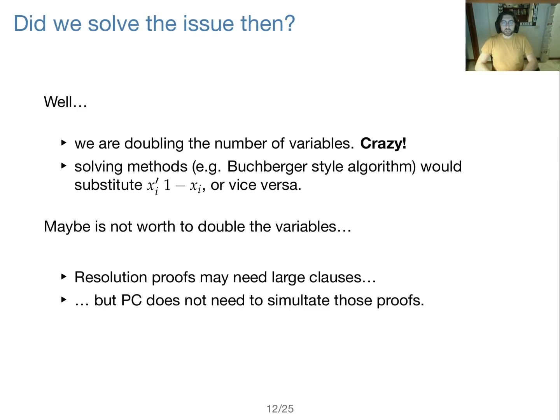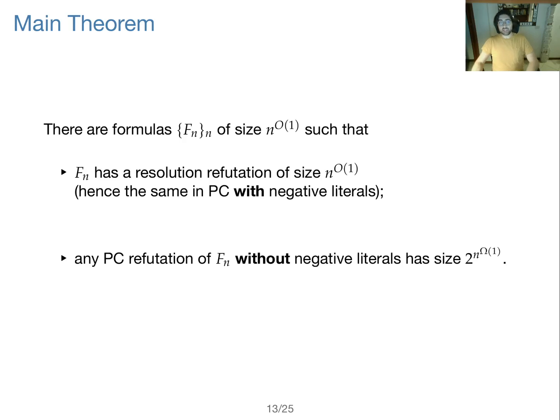After all, it's true that we cannot express resolution easily without the variables for negative literals. But the polynomial calculus proofs do not necessarily need to mimic the resolution proof. So maybe there are other proofs which are not resolution-like that are still efficient. Unfortunately, this is not the case.